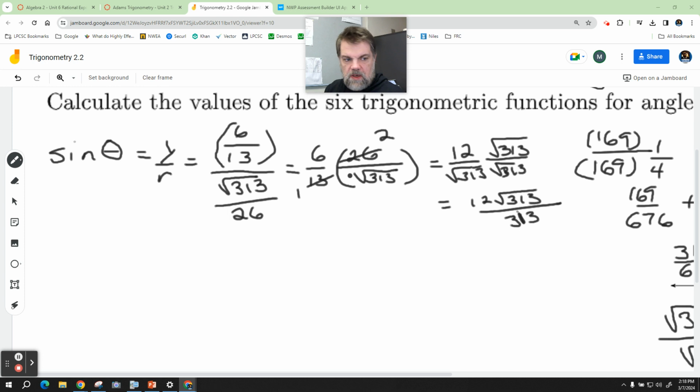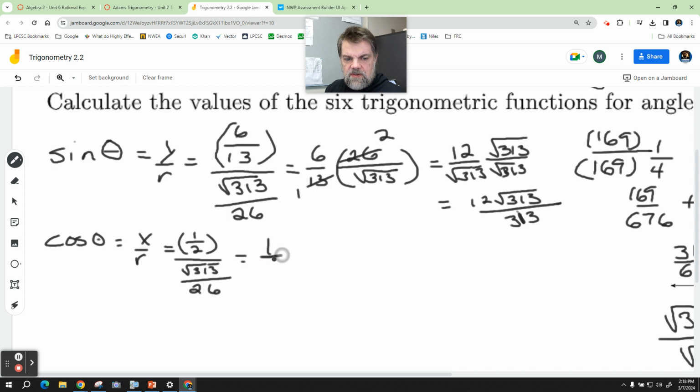So cosine is what? Cosine is x over r. X is 1/2 all over r, which is root 313 over 26.